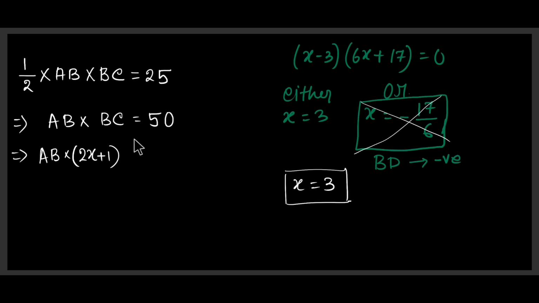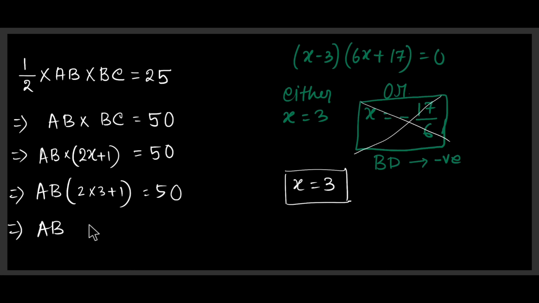So putting this in the equation, and we have the value of x, so let's put x equal to 3. We get AB into 2 into 3 plus 1 equal to 50. So AB must be 50 by 7 centimeter, which is 7 whole 1 by 7 centimeter, and it is our answer.